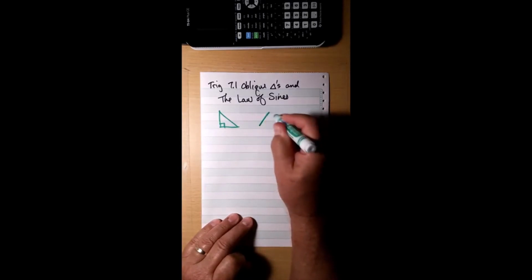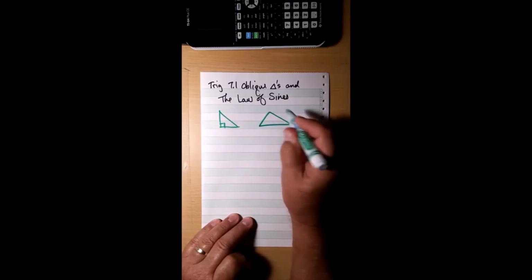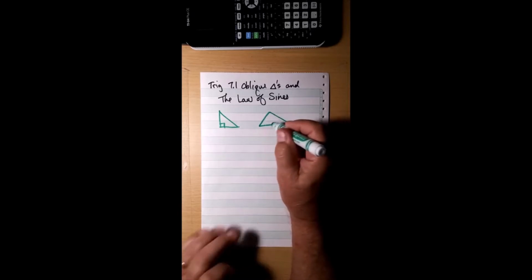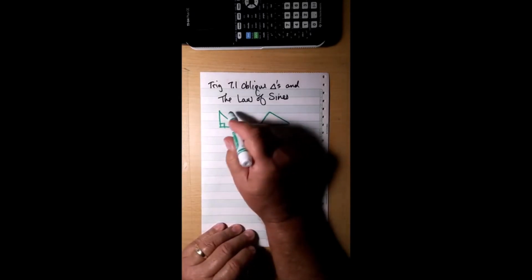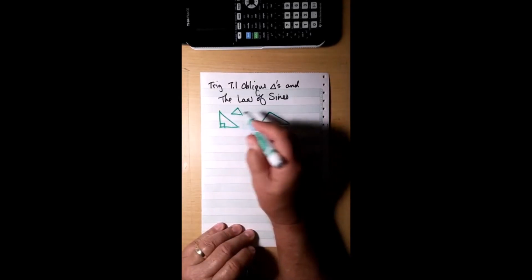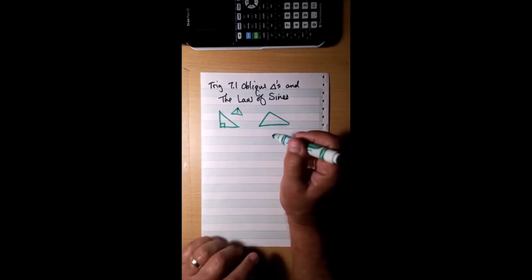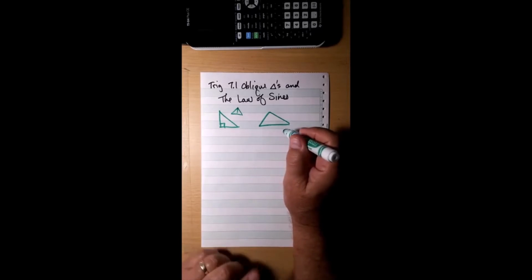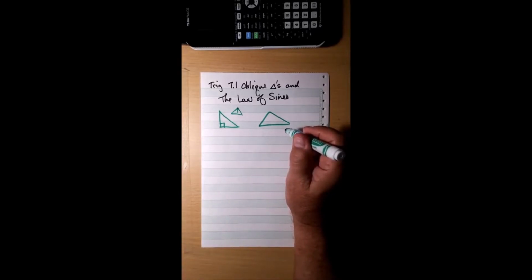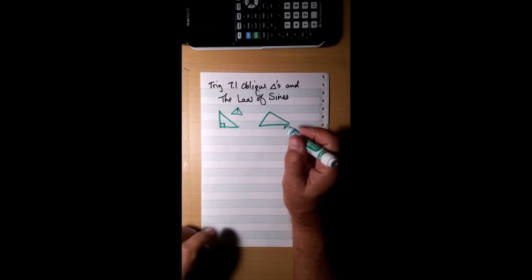But suppose you have a triangle that is not a right triangle and all the sides are different. We've even had equilateral triangles that we can figure out because we can make that into two right triangles. Well, an oblique triangle is something that's not as nice as all this stuff.